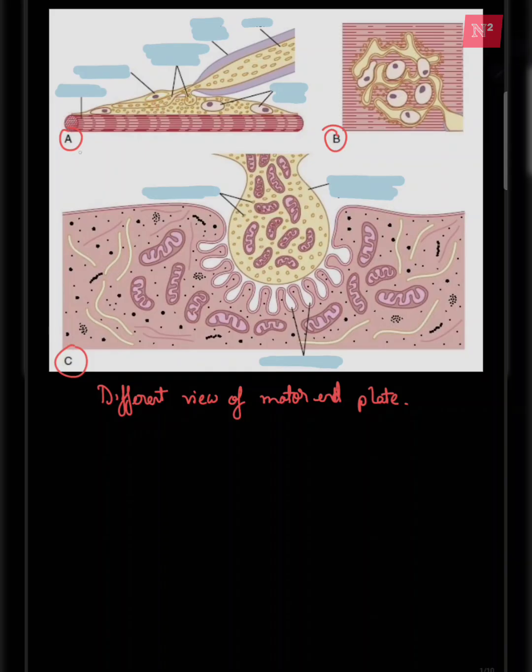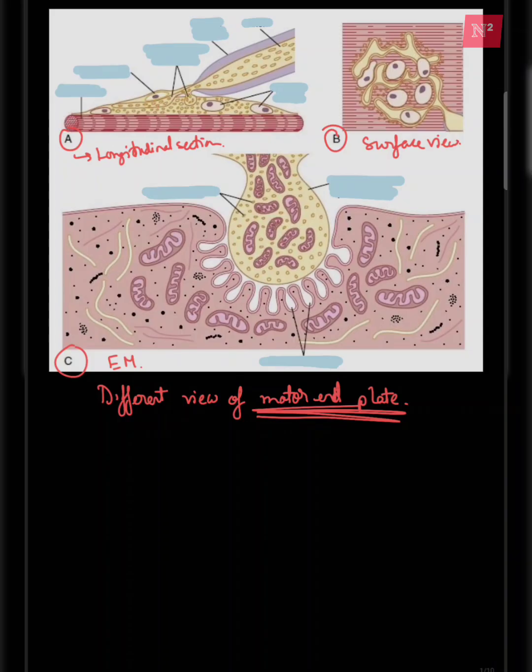A specifically is showing you the longitudinal section of the motor end plate. B is showing you the surface view, and C is showing you the electron microscopic view of the motor end plate. So basically this is the junction between the muscle and the nerve.